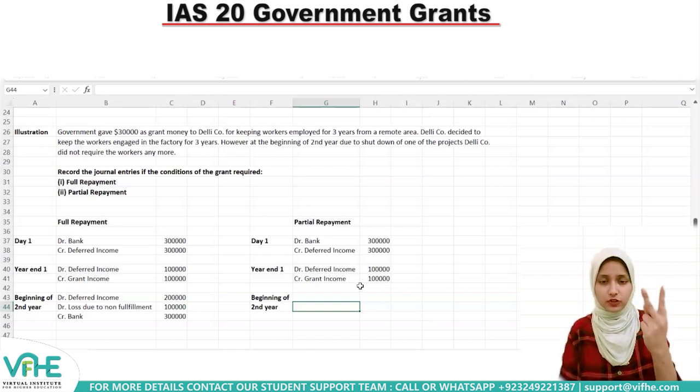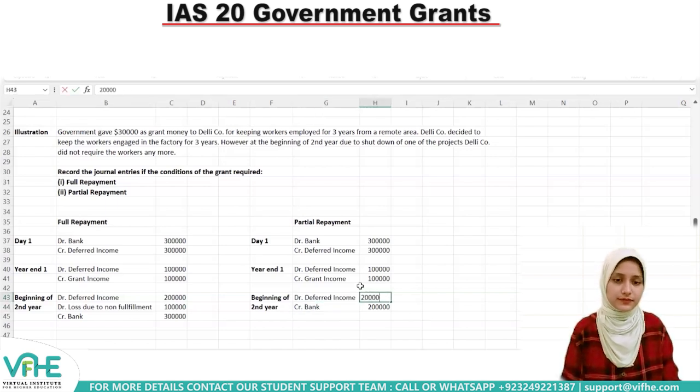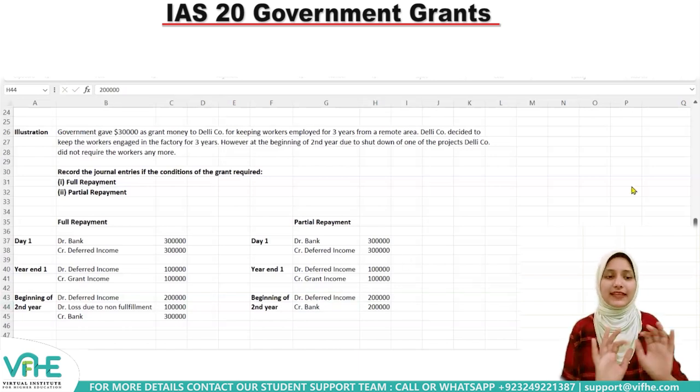For 2 years I have not. So how much will I end up paying back to the government? Credit bank 200,000, right? And because I've already paid the money, I'll also have to reverse the liability that I had created. So I'm going to reverse this deferred income by 200,000. That's it. That's how easy government grants were for us.